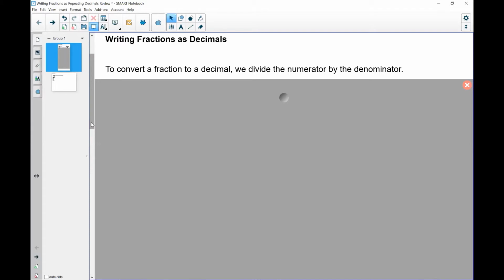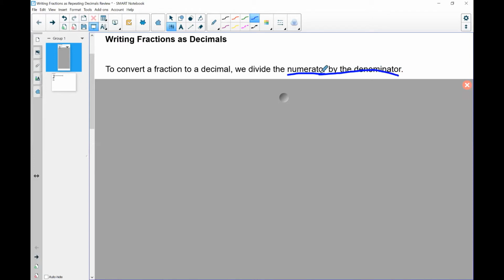But anyways, to convert a fraction to a decimal, we must divide the numerator by the denominator. Let me highlight or underline this for you guys. To convert a fraction to a decimal, we divide the numerator by the denominator.